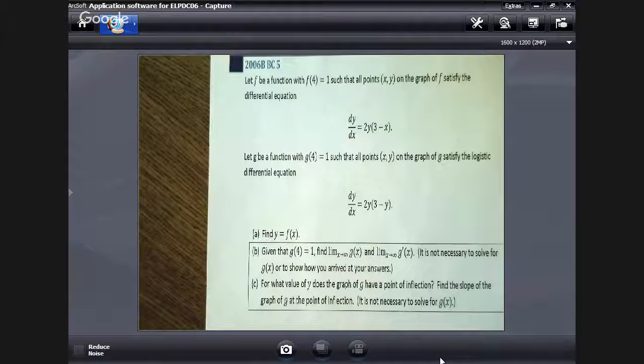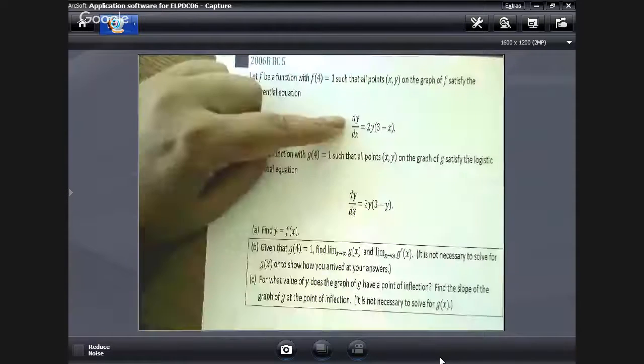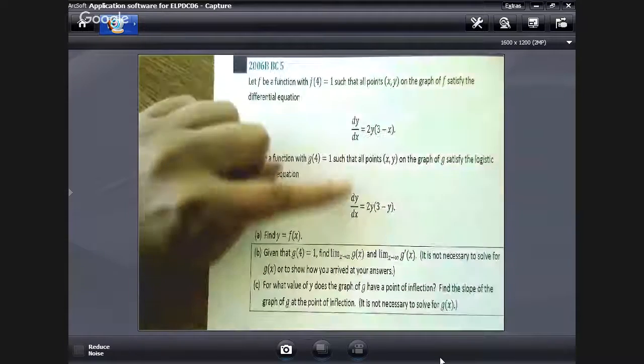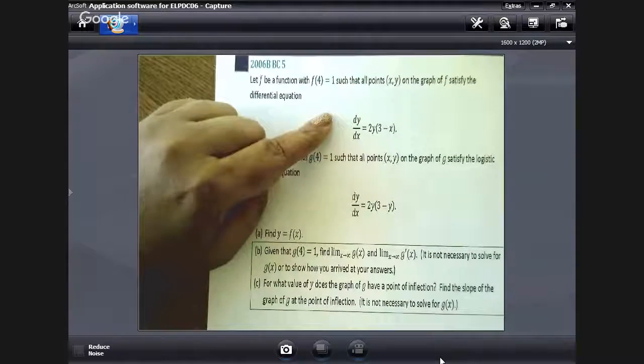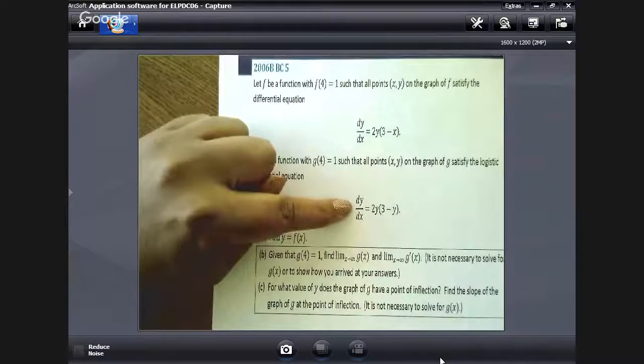Part A says find y equals f of x. And part B, the part that I have boxed, is the part that's asking about the differential equation. Now, when you look at part A, it's referring to this differential equation. And even though they look very similar, there is a significant difference between this differential equation and that one.